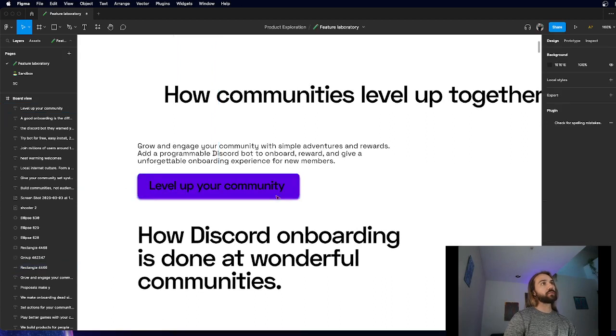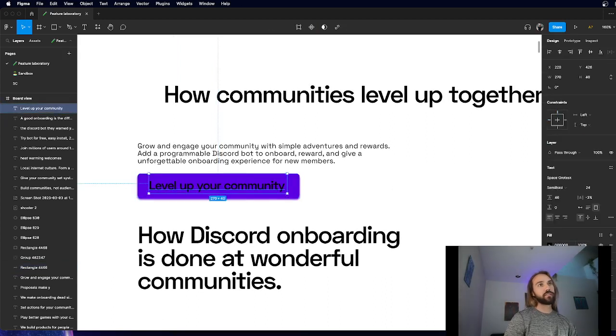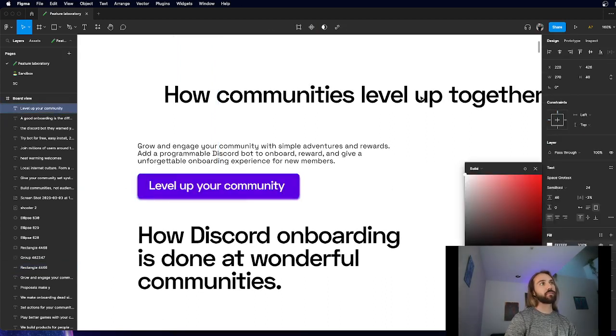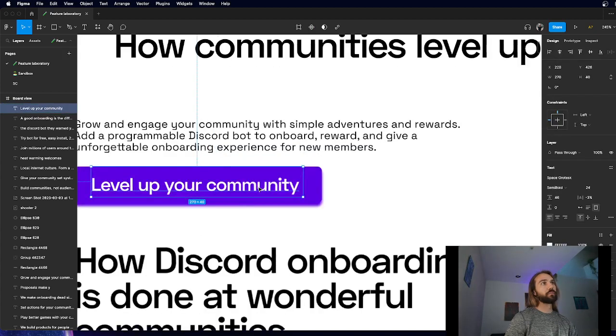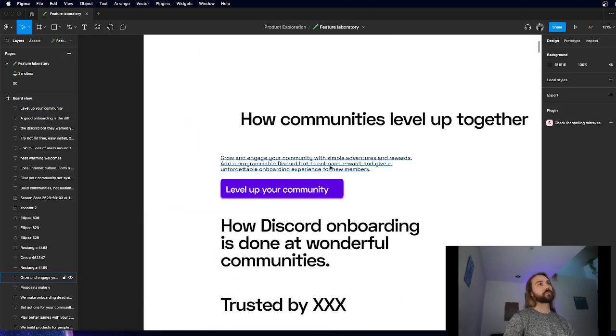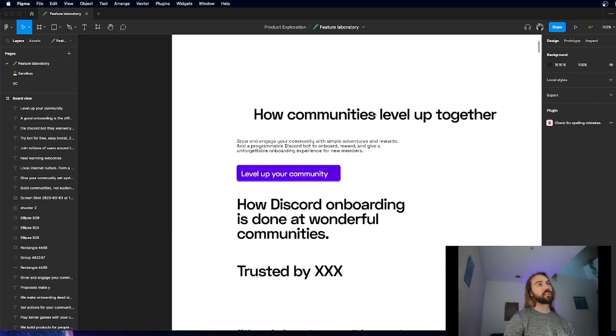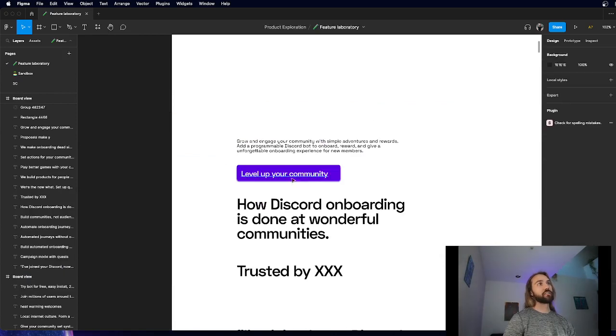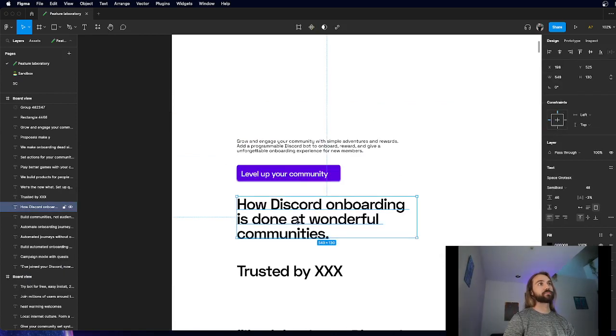The button would be way too big, but we're just doing broad brushstrokes in this video. I'm going to remove that for now because that idea is being articulated here.